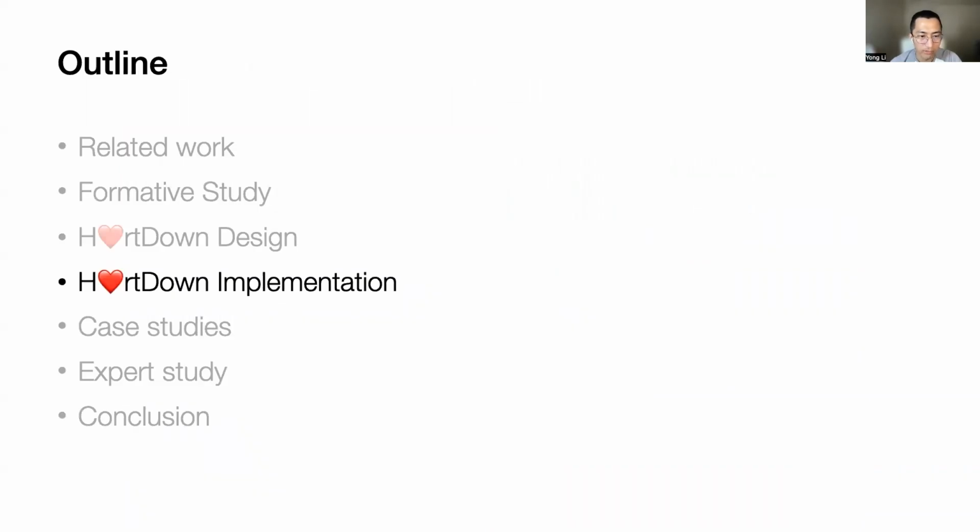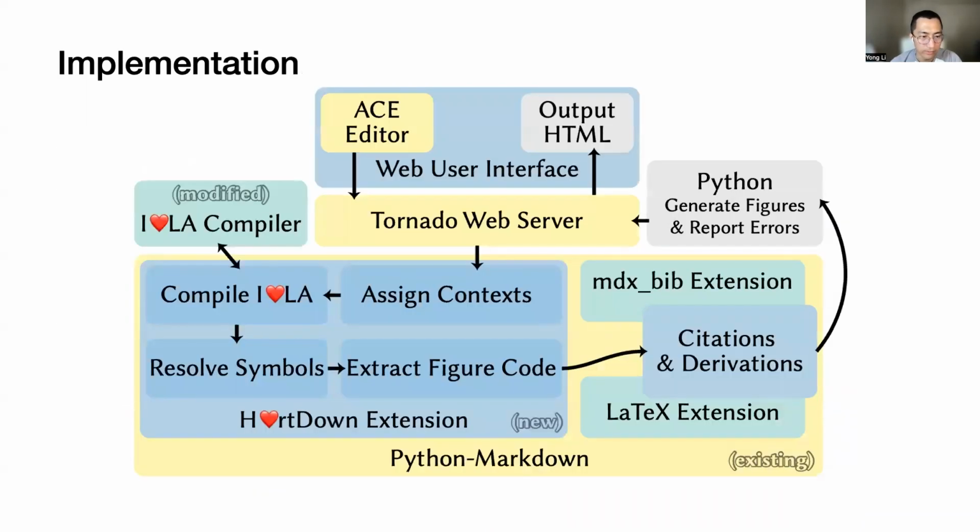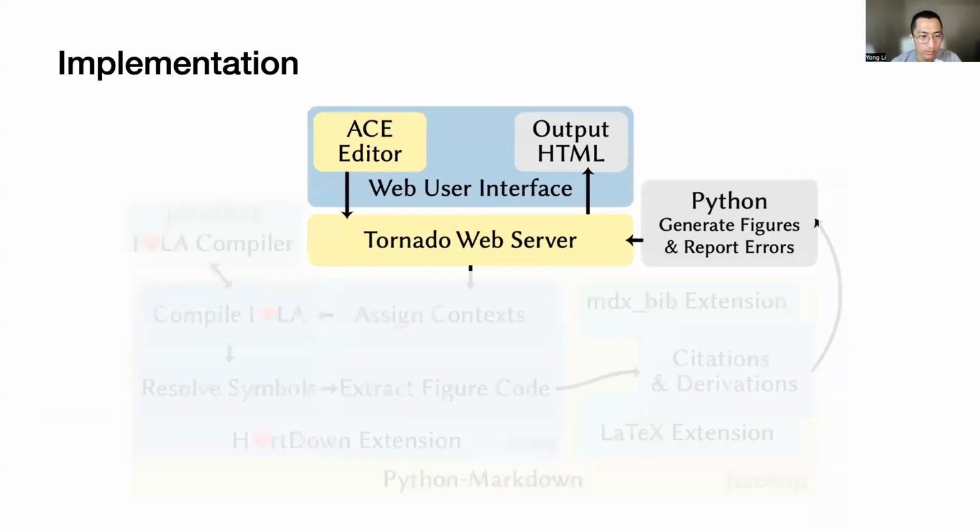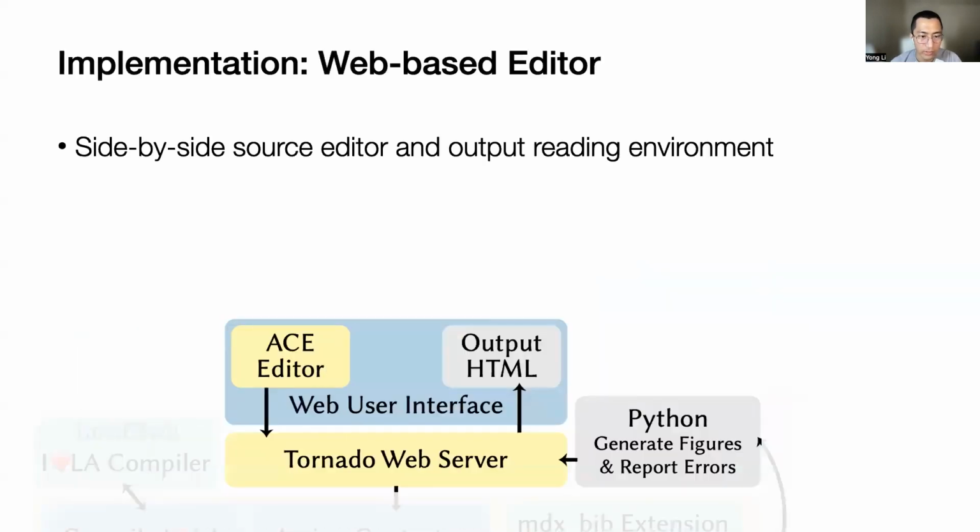For the implementation of rtDown, this figure shows the overall structure. The web-based authoring GUI displays the editable input source and output paper reading environment side by side, leveraging an embeddable code editor.